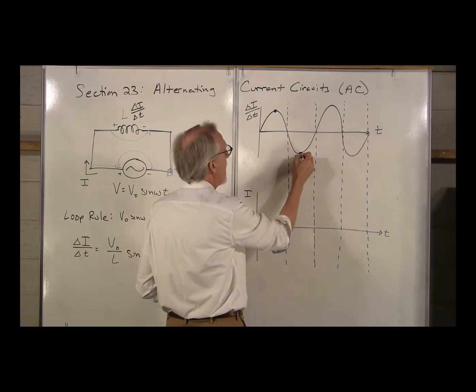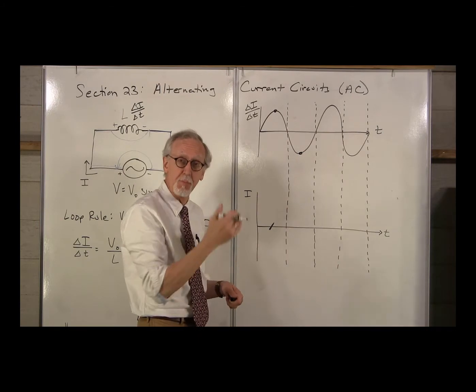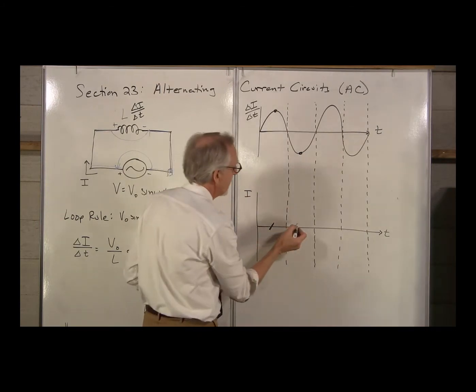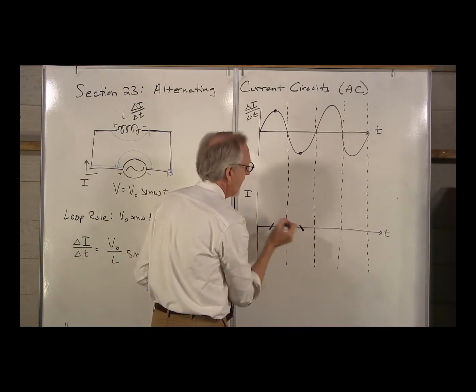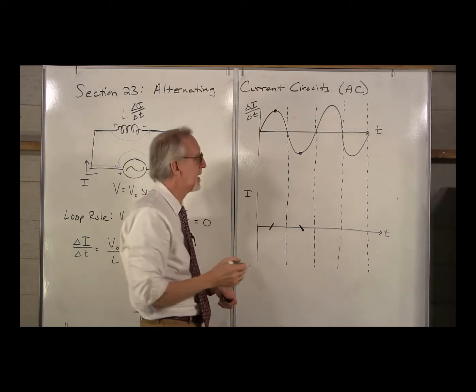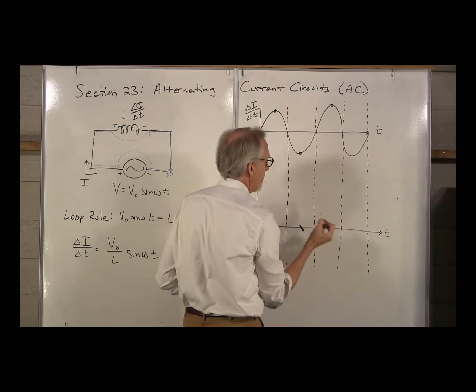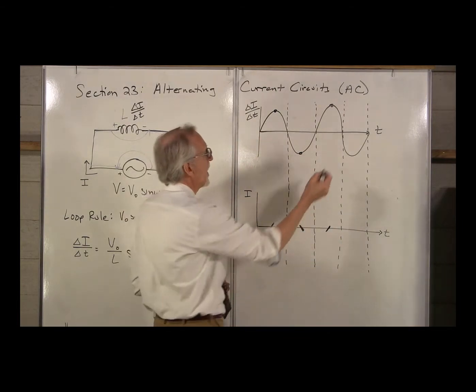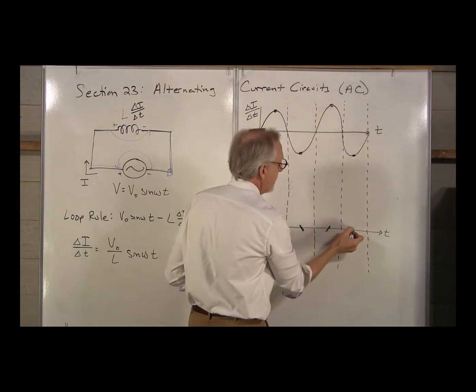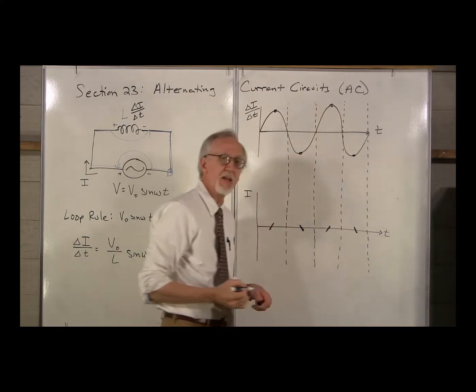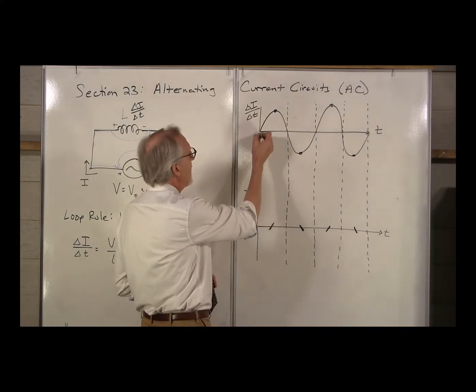Over here, a large negative slope, so I'm going to draw a line with a negative slope to indicate that that part of the graph must be going down. Again, over here, positive slope, a little line segment with a positive slope, and over here, negative slope. What about here?